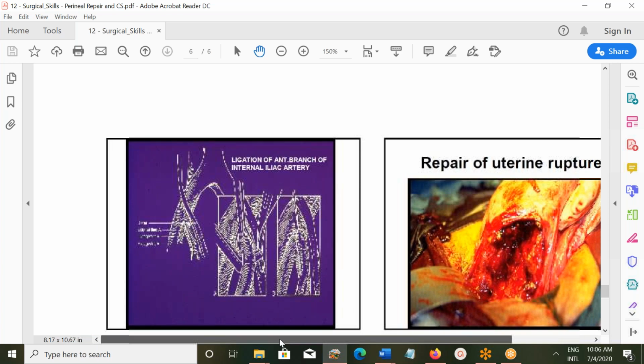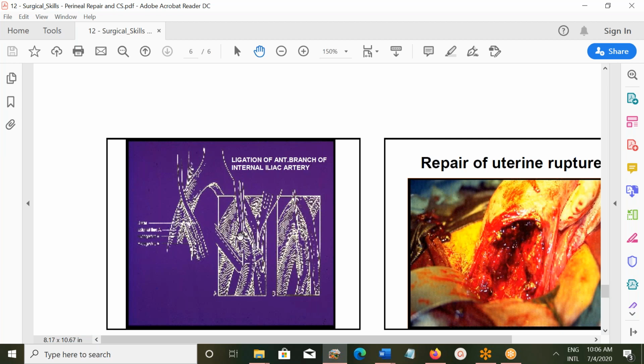If you need to ligate the anterior division of the internal iliac artery, you will go above, and you know that is the place where you are going to apply the ligature. Be very specific, anterior branch of internal iliac artery.